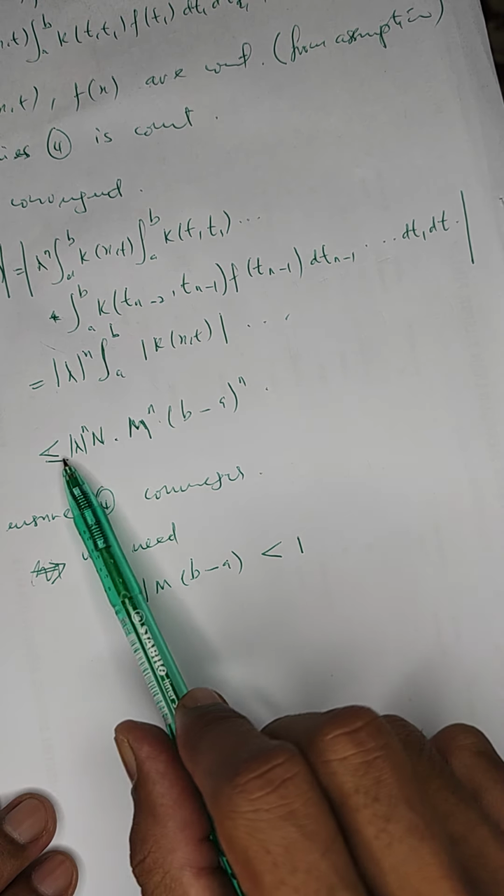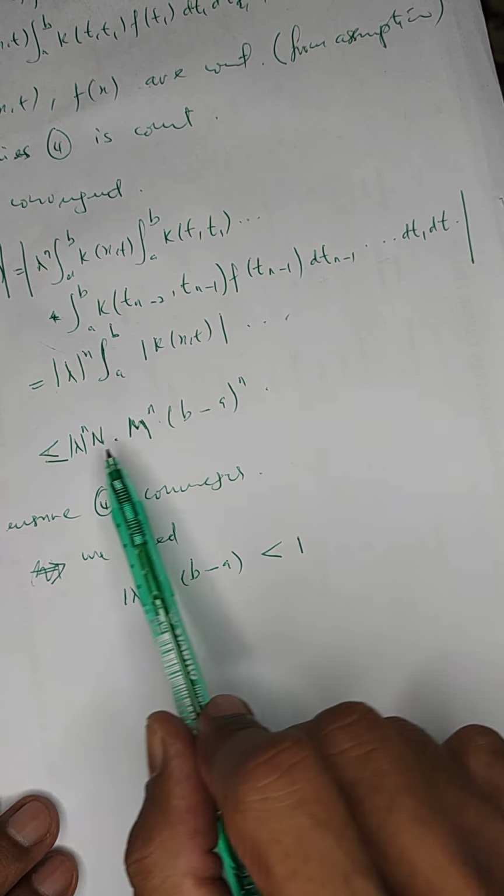Why? Because when the base is less than 1 and you increase the power, it gets smaller and smaller, so it approaches a small number. So lambda is less than 1 over M(b minus a).